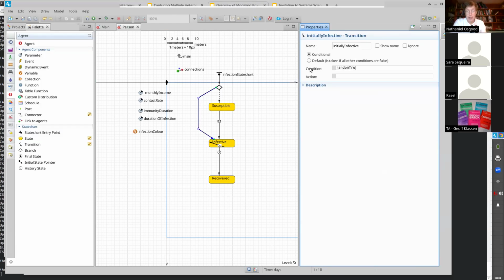There's going to be random true, which is basically flip a coin with this probability of being heads. So if this is true, it'll be true with that probability given by this, like 0.02, 2%. Then we'll go to the infective state. Otherwise, we'll go to the susceptible state. Okay. And that's it.